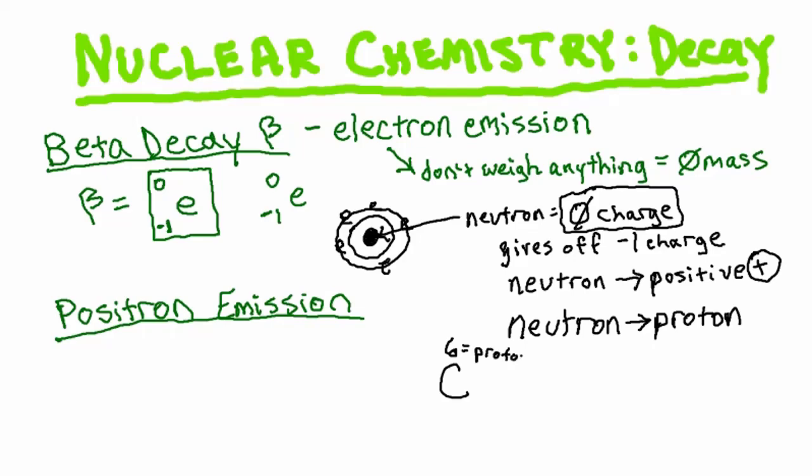And no matter what, if it has 6 protons, it's carbon." Now I'm saying that this neutron is turning into a proton and adding a proton to the atom. How can that be? Well, if you have 6 protons for the carbon and you add a proton to it, that's going to end up being 7 protons. So the atomic number would be 7 all of a sudden instead of 6.